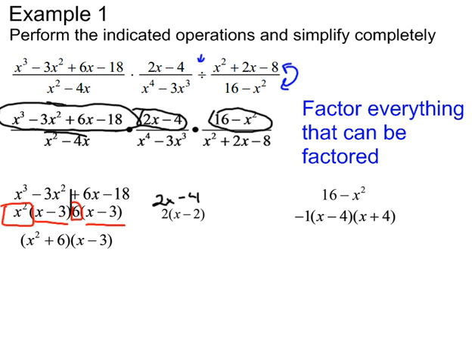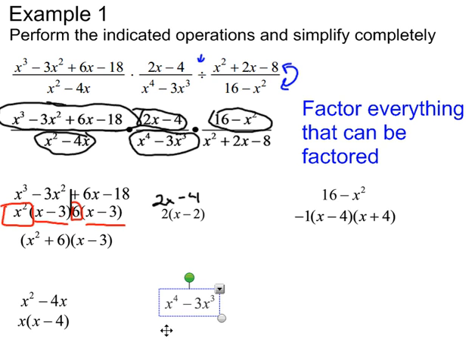Now let's factor x squared minus 4x, and that's the GCF. So the GCF is x, so we get x times x minus 4. Now let's factor x to the 4th minus 3x to the 3rd. That's GCF again. Factor out x to the 3rd.